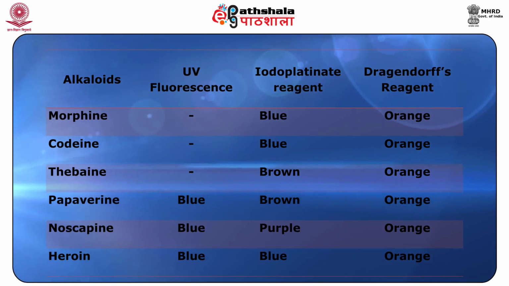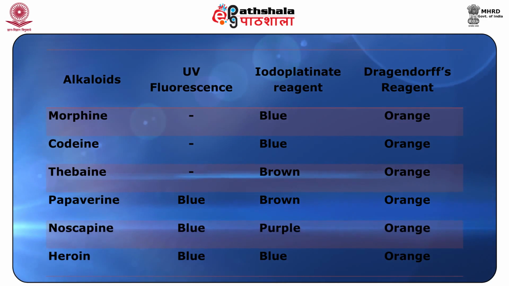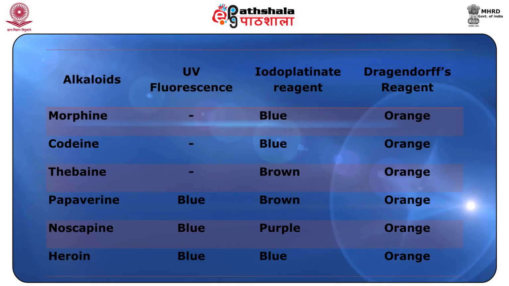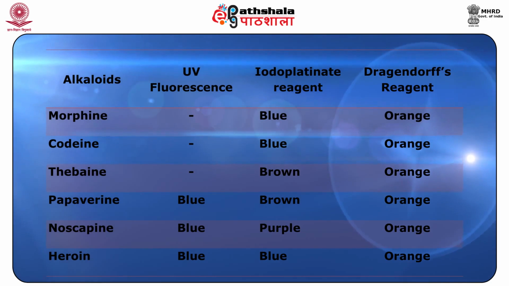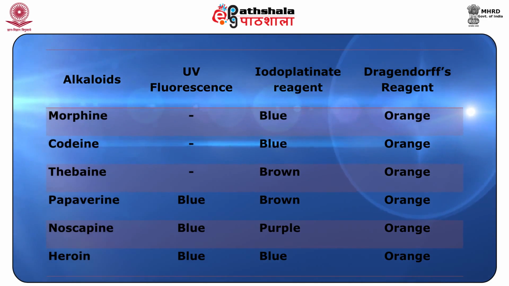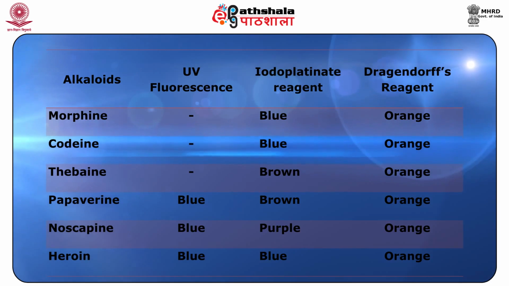In case of morphine, codeine, thebaine, papaverine, noscapine, heroin, the Dragendorff reagent will show always the orange color, whereas the UV fluorescence is seen only in the case of papaverine, noscapine and heroin, that is also blue.